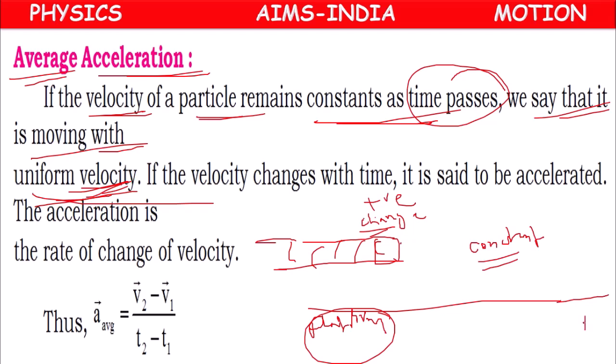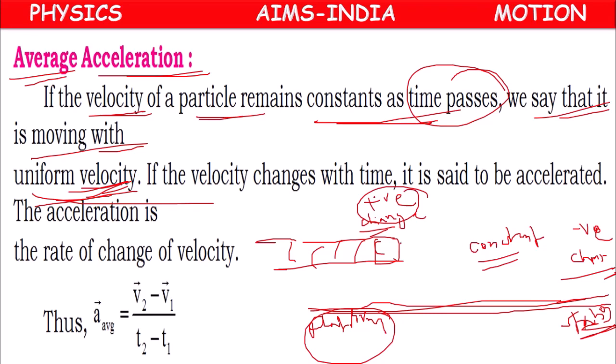Again, while reaching another station, its velocity will change. This time it will slow down, negative. Means throughout the journey of any object, we can observe change in velocity, either increasing or decreasing or constant.